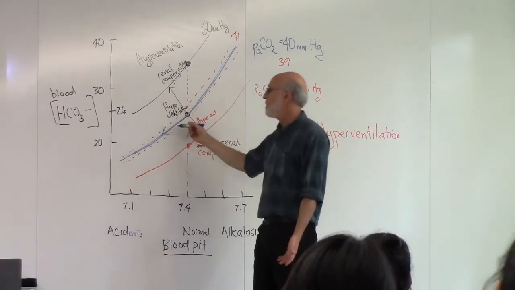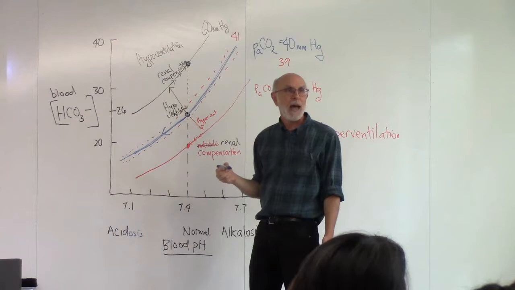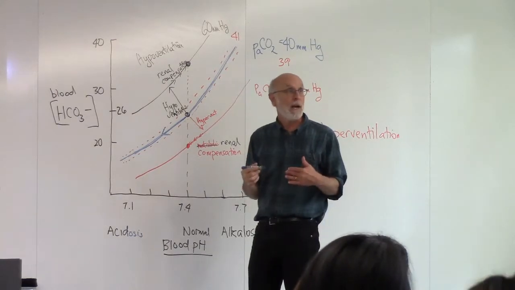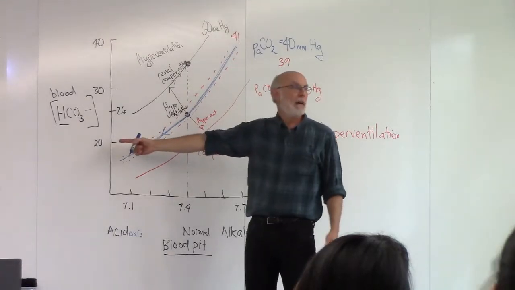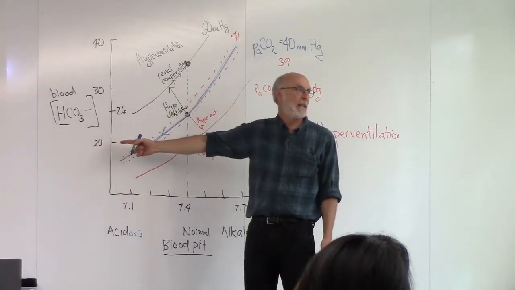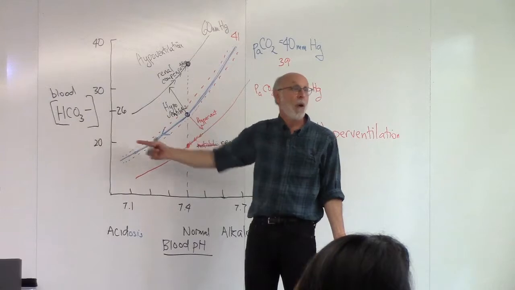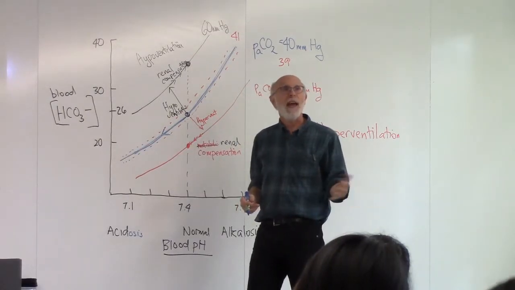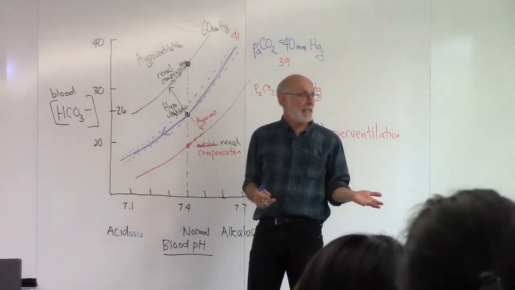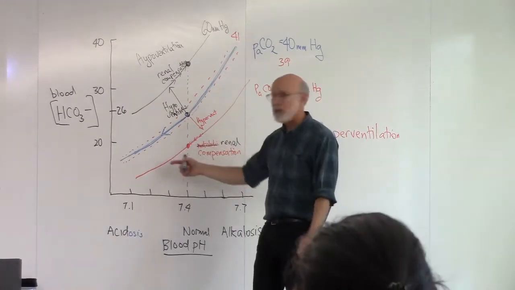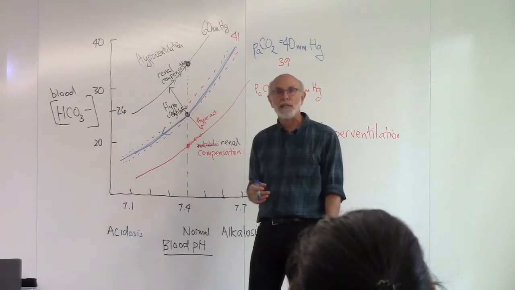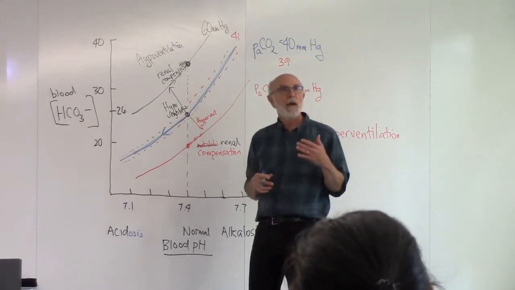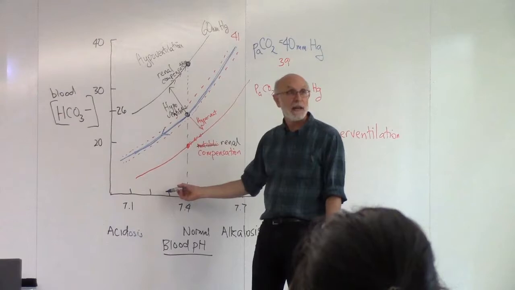So what are some ways that the body can become acidic that don't require a change in the respiratory system? Well, if the kidneys start excreting more bicarbonate than they should, that's an easy one. Or if you are exercising and starting to generate lactic acid, you will generate acid and your body will become acidotic. So those are two simple ways where we can imagine the body getting acidotic.